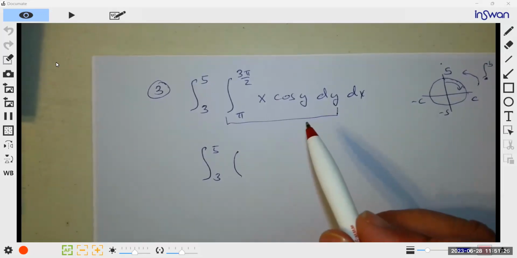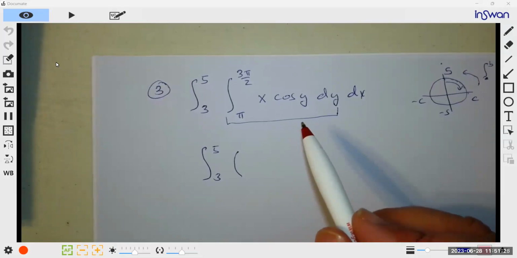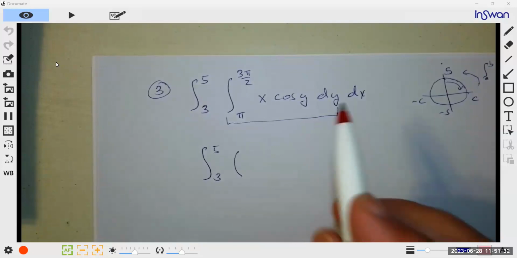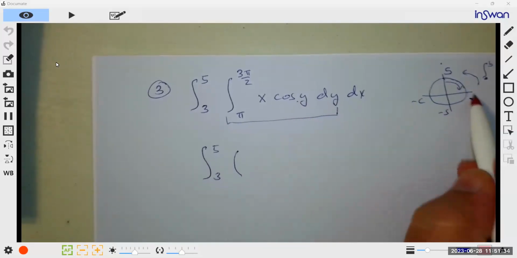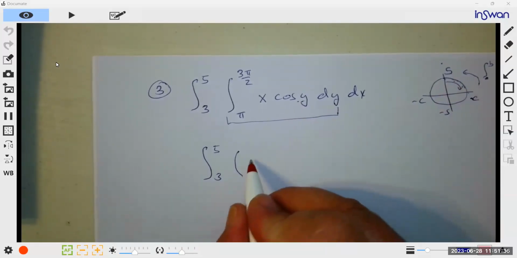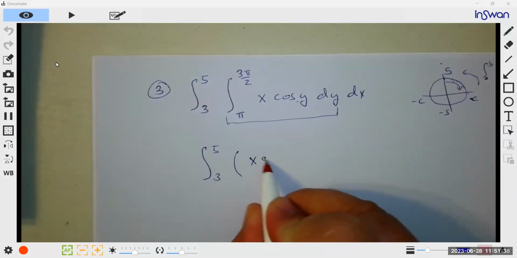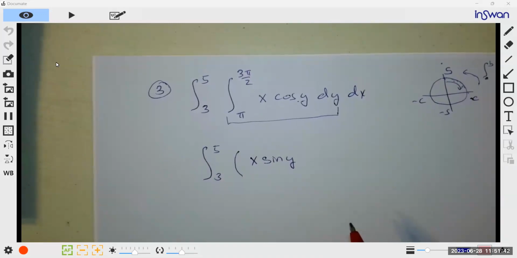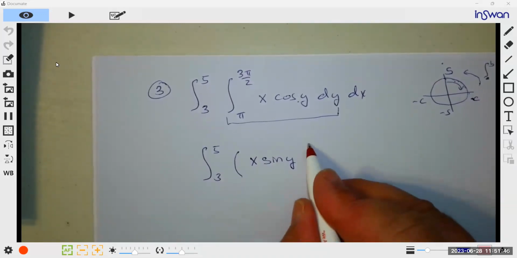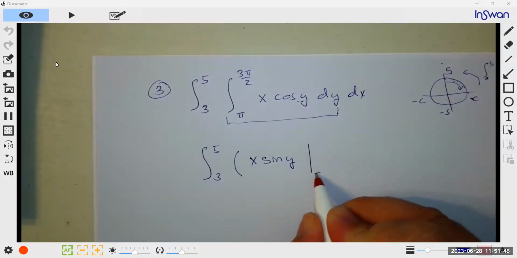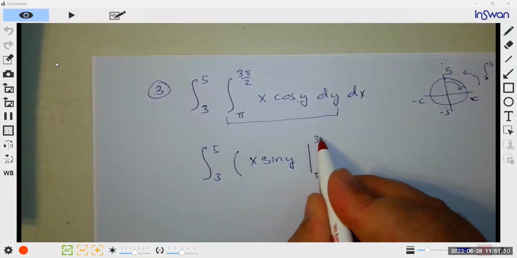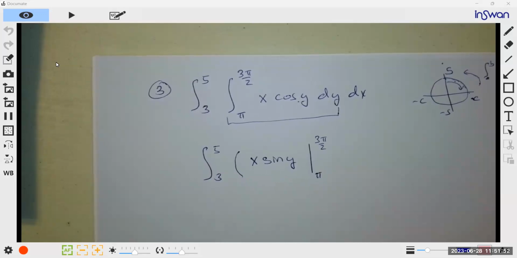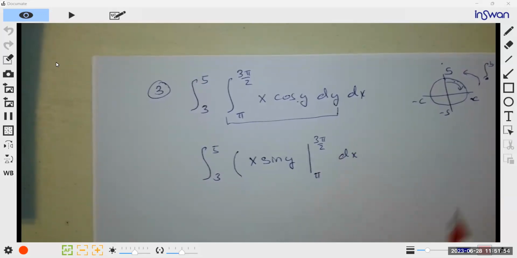So the integral of cosine y is, from here, x sine y, from pi to 3 pi over 2, dx.